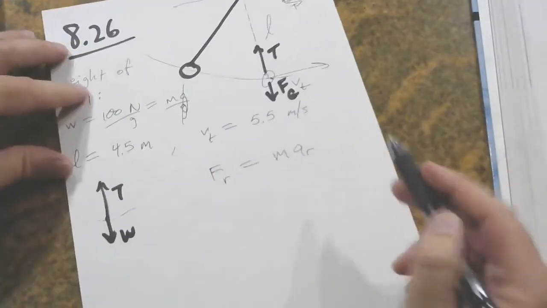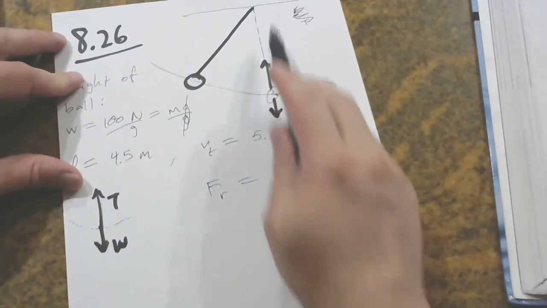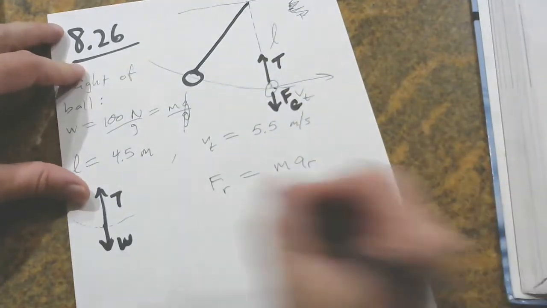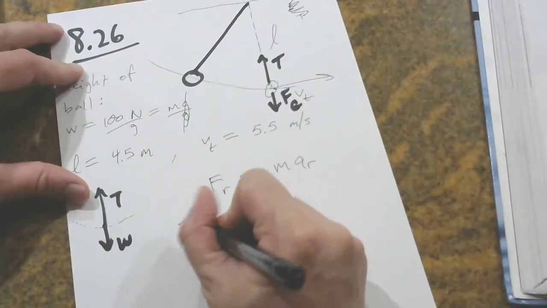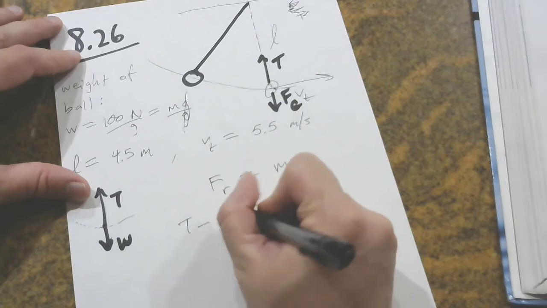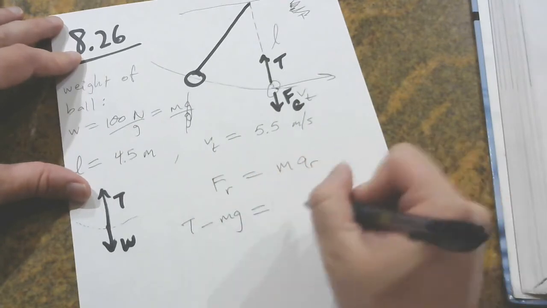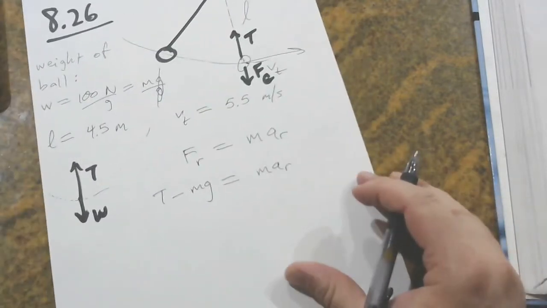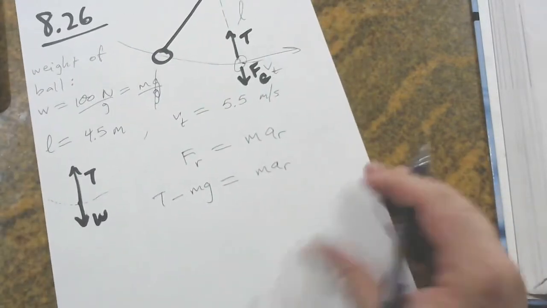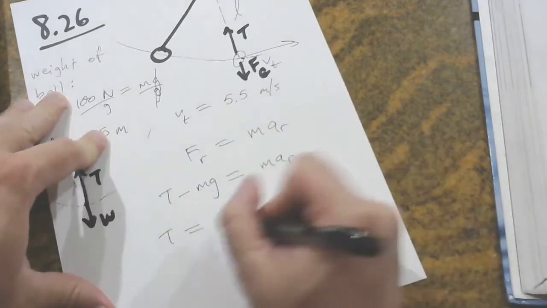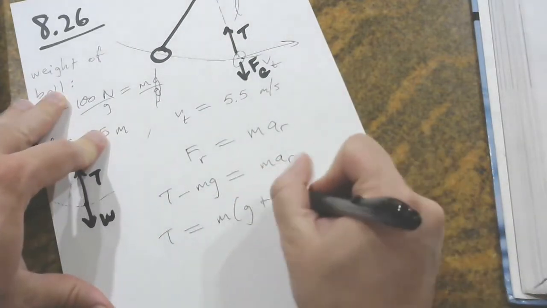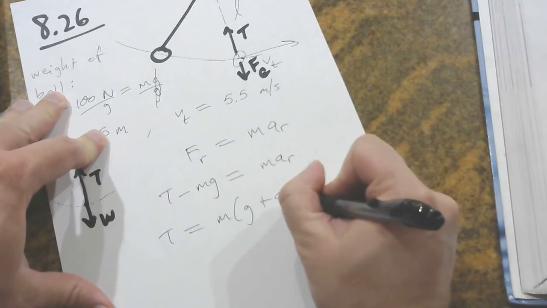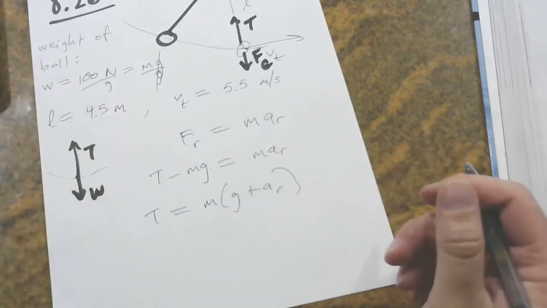Okay. Tension is the force that points towards the center. That's why it gets the plus sign. Gravity points away from the center. All right. And how should we proceed here? It looks like I'm going to factor out the mass because I was trying to avoid calculating the mass, but I don't really see any way around it.